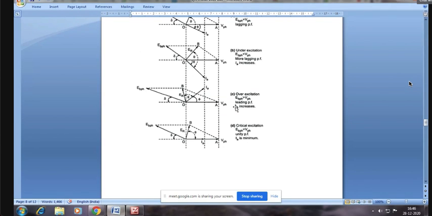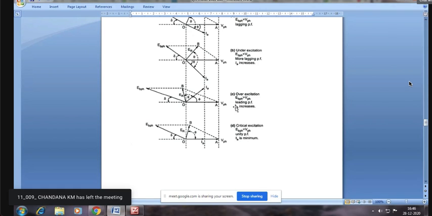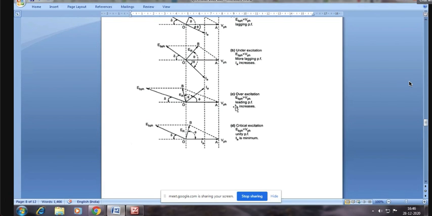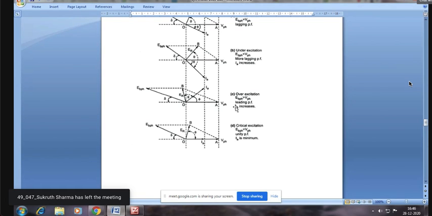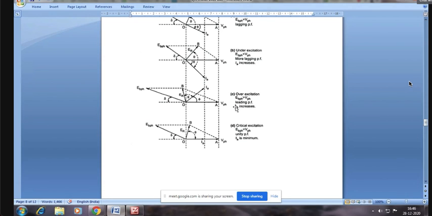Electrical engineers, this is very important. We want more and more leading power factor systems. Because, I think I have told this earlier, the majority of the loads and electrical systems we have are lagging.